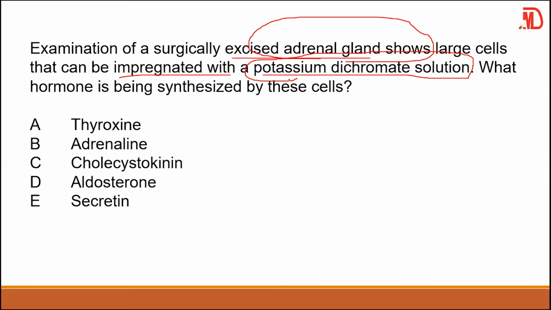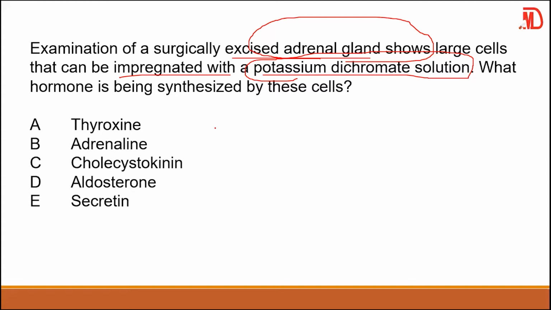And that is why sometimes we call these cells the chromaffin cells, coming from the word chrome salt. So that's another name that we give to the cells of the medulla: the chromaffins.